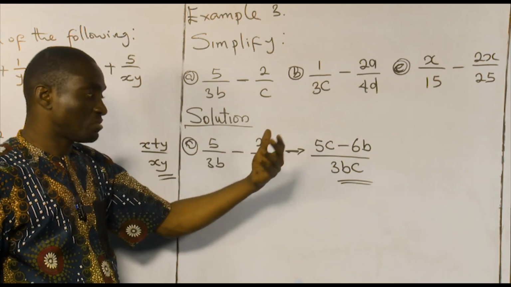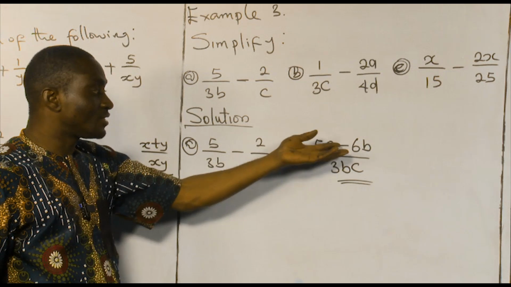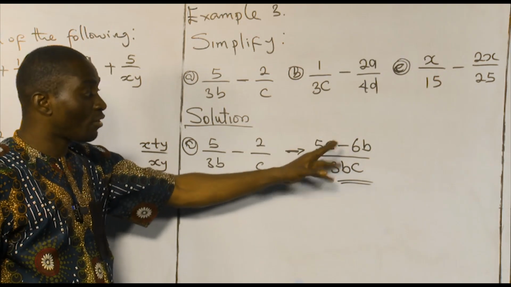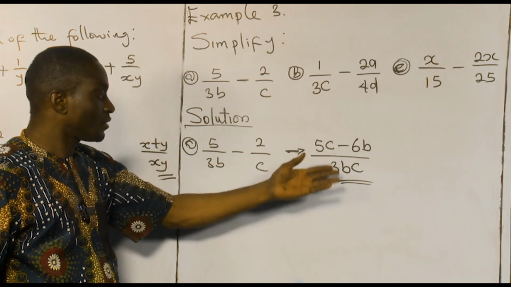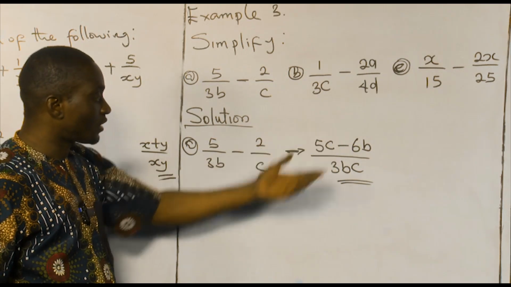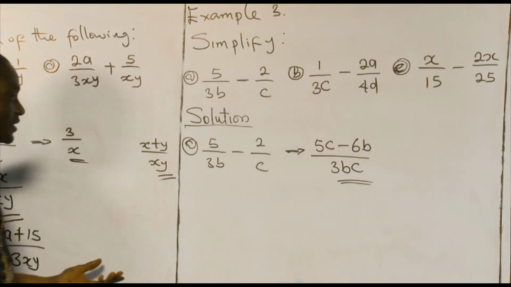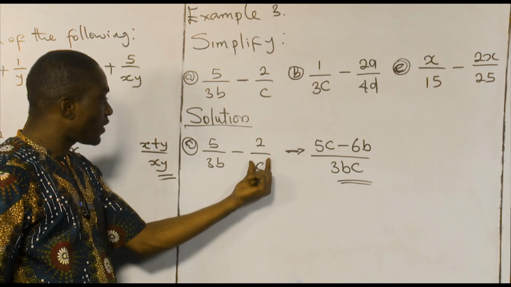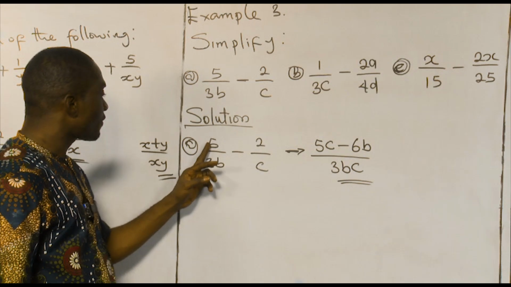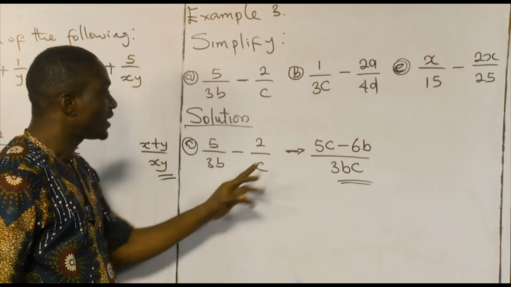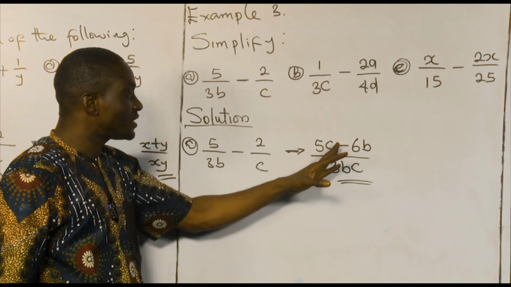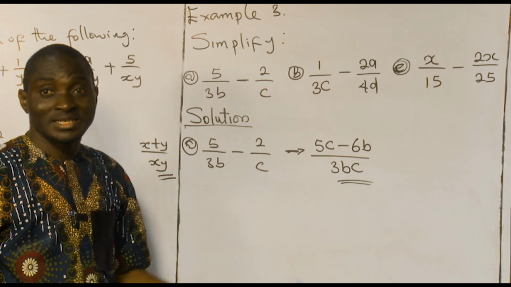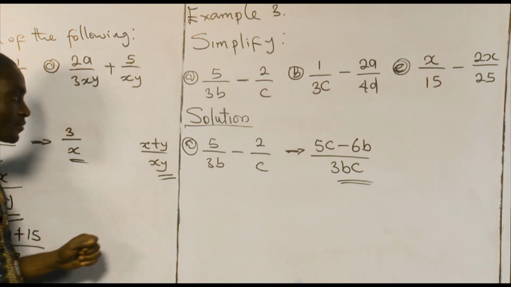We would have thought of factorizing the numerator, but we don't have any common values or common variables here. So subtracting 2 over c from 5 over 3b gives us 5c minus 6b over 3bc. That is the meaning.